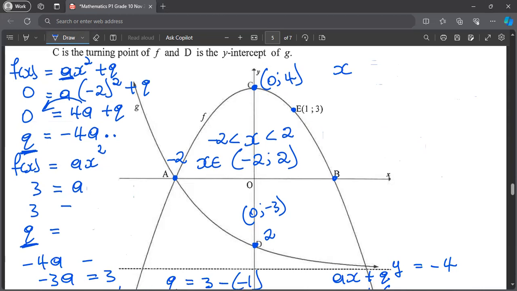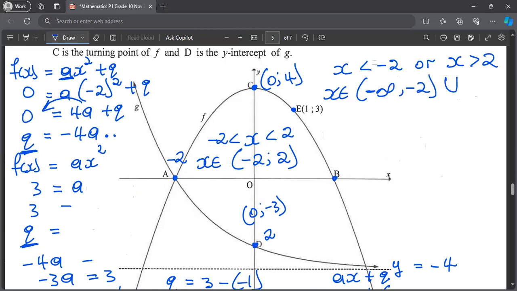So you say f of x is less than 0 where x is less than -2, or where x is greater than 2. This is how you could have said it. Alternatively, you could have said it's any value of x from -infinity to -2 in union with all the values from 2 all the way to infinity. Do you see that? Right.